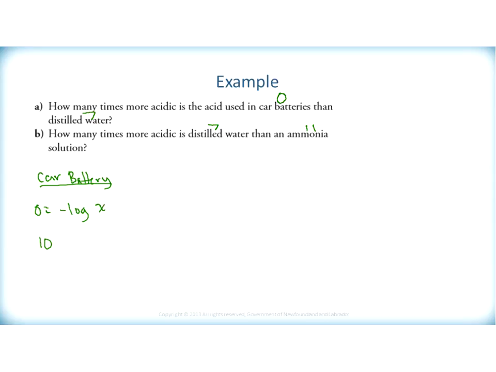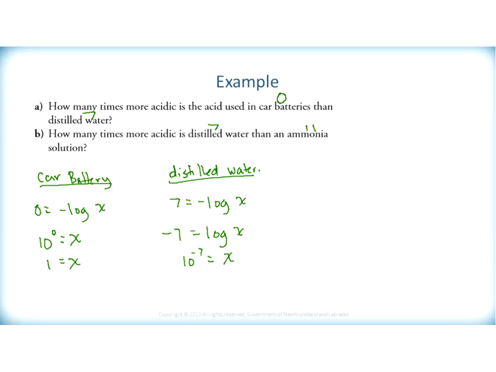So 10 to the power of 0 would equal x. So that would be 1. For distilled water, it has a pH of 7, which would equal negative log x. Negative 7 would equal log x. So 10 to the power of negative 7 would equal x.